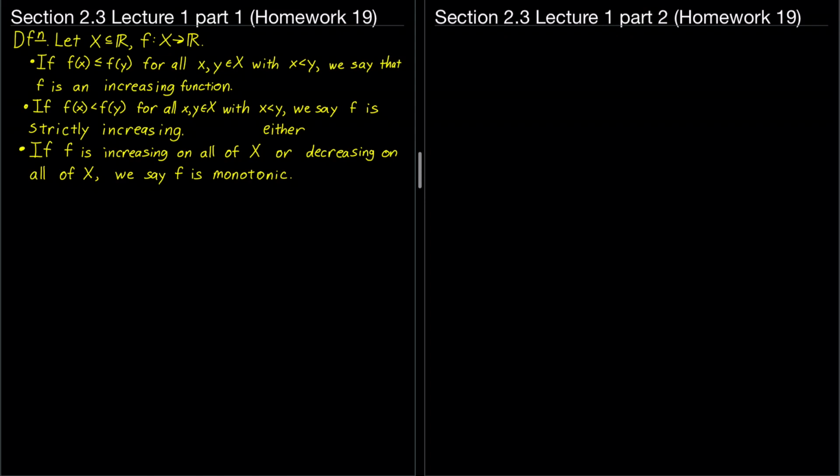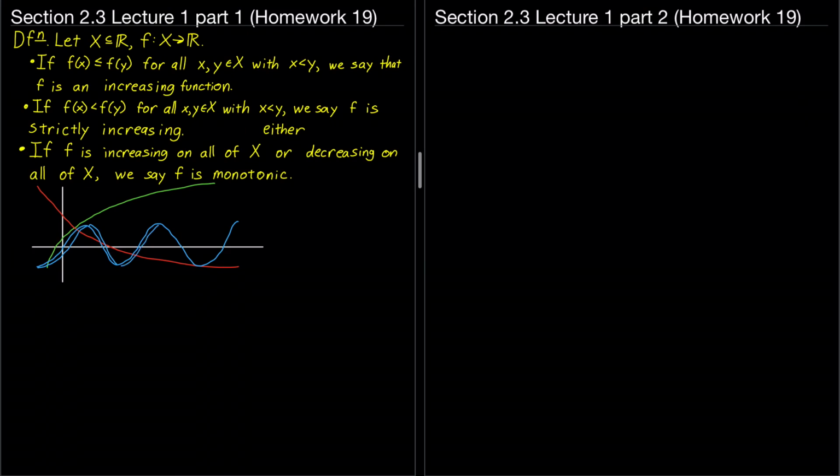And notice that monotonic means something that's increasing everywhere, something like that, or a function that's decreasing everywhere, something like that. But something like a sine wave, we see it's increasing for a while and then starts decreasing and then goes back to increasing.